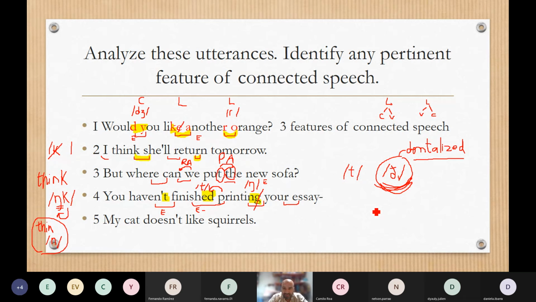An elision that you can find in many words, and they are historical elisions. For example, in the word island, the s sound is not pronounced. The same in the word aisle, like in a supermarket, when you go to the aisle where the beers are, or where the milk is. Aisle is not pronounced.